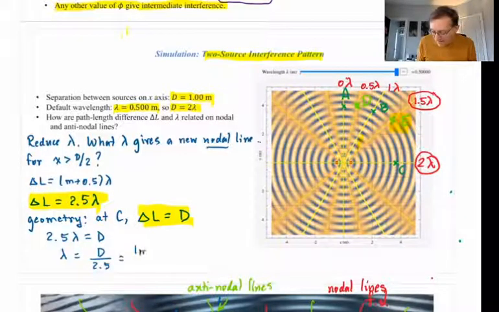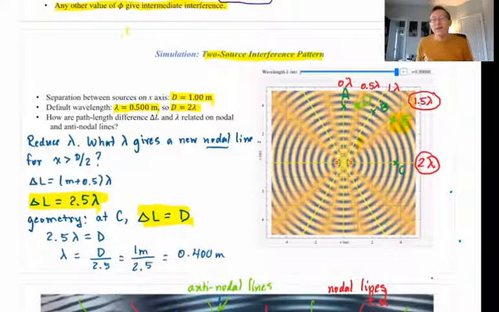Remember, d is 1 meter in this animation. So 1 meter divided by 2.5 is 0.4 meters. So if I reduce the wavelength from 0.5 meters down to 0.4, the whole interference pattern should shift a bit, and I should see a nodal line along the x-axis.